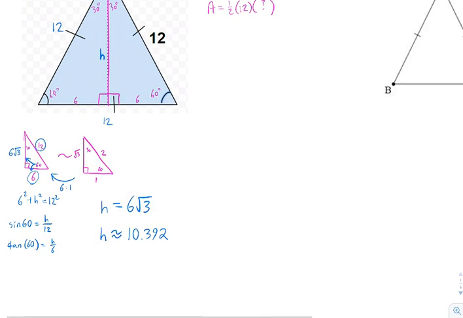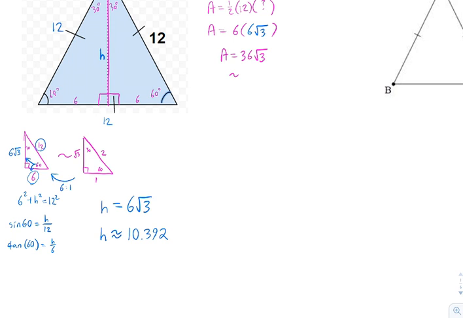Okay, so I'm going to deal with the exact answer up here, or you could plug that 10.392 in here. Plugging that in, the area is 1/2 of 12, which is 6, and then times the height. We found our height to be 6√3, so our area is exactly 36√3.